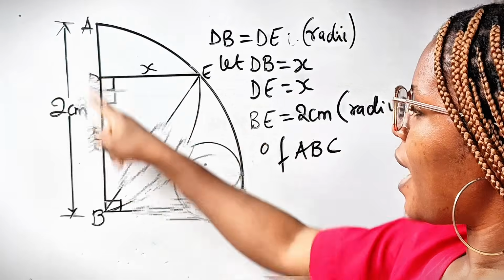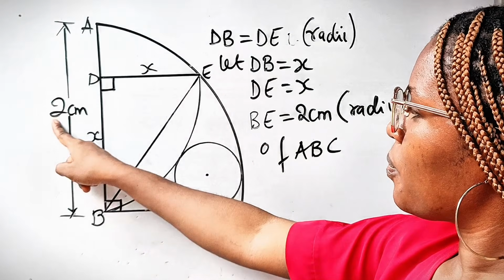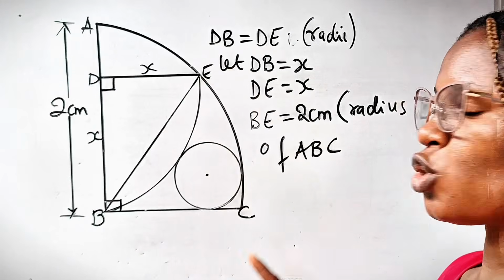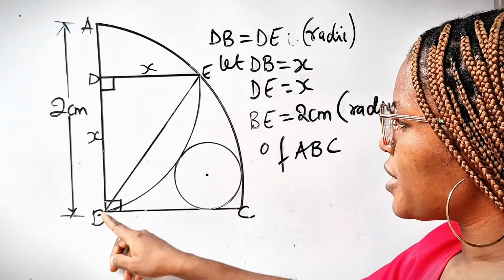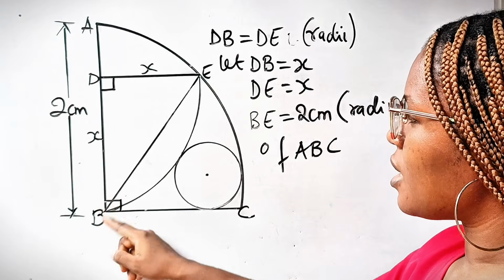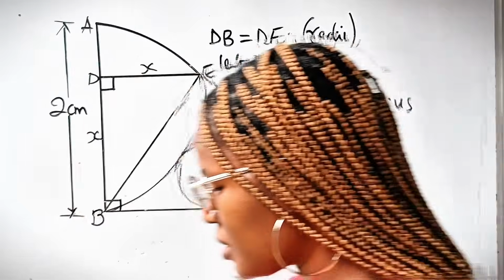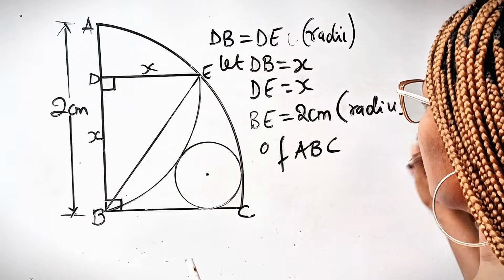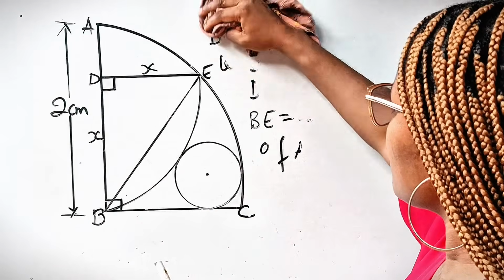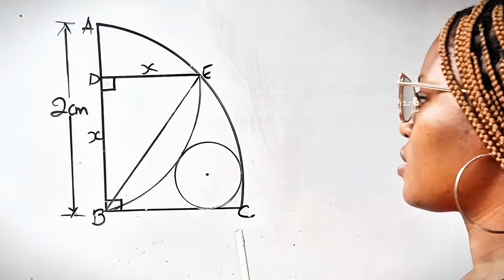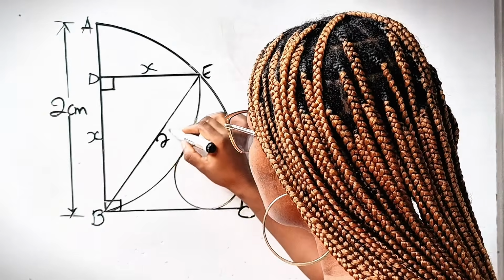Because we are told that AB is 2 cm, that means that BE should also be 2 cm, since point B is the center of the quadrant, right? All right. Now, having established that fact, so this place is 2 cm.